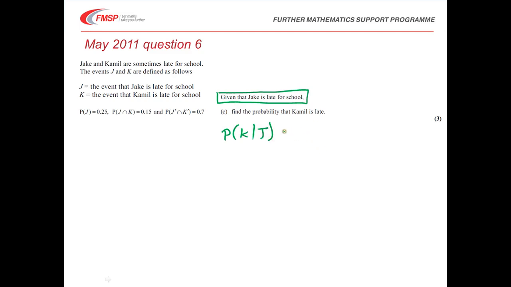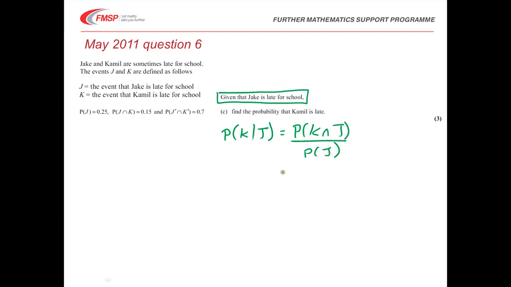If we just see the formula copied out, and I'll just write the way it's useful to learn, you don't get much credit for it. So this is the probability of Camille and Jake being late divided by the condition, and the condition is that Jake is late. A common error here is to get this the wrong way round and end up putting Camille at the bottom.